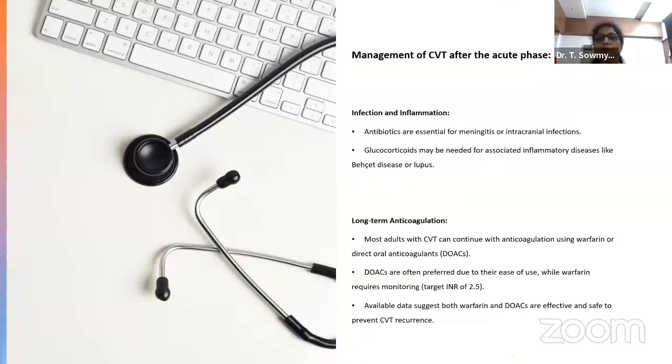And coming to long-term anticoagulation, most adults with CVT need to continue anticoagulation either with warfarin or a direct oral anticoagulant. Direct oral anticoagulants are more preferred over warfarin because warfarin needs INR management, which has to be maintained at about 2.5.